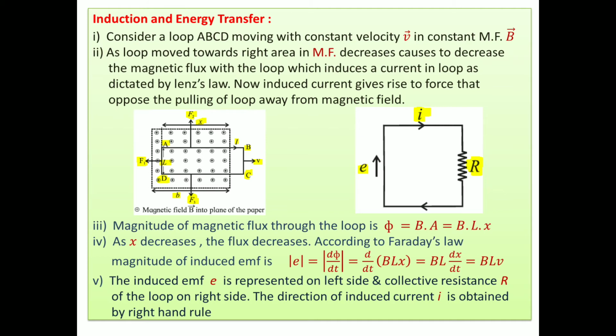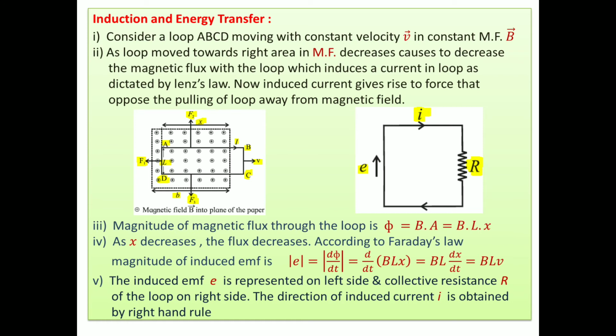Look at the thing. The induced current gives rise to a force that opposes pulling the loop away from the magnetic field. Because of this motion of the loop, magnetic flux decreases, and the induced current is opposite to that of the decreasing magnetic field.